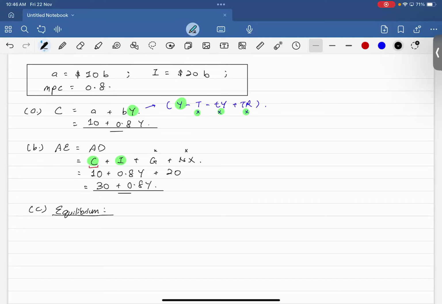Equilibrium means my output, the country's output, the country's income equals aggregate expenditure. So you can just write y equals 30 plus 0.8y. Move the y to one side, and it comes like this. And then y will equal 150 billion.